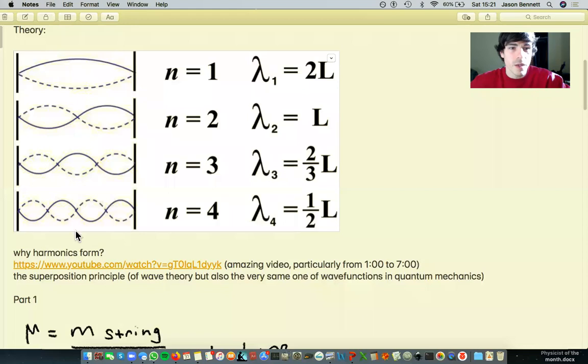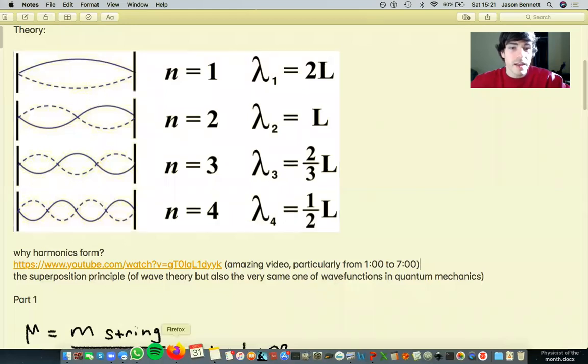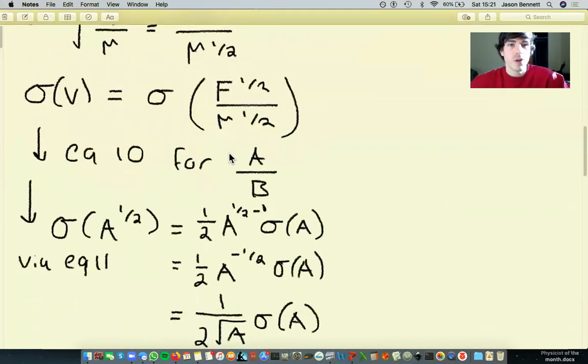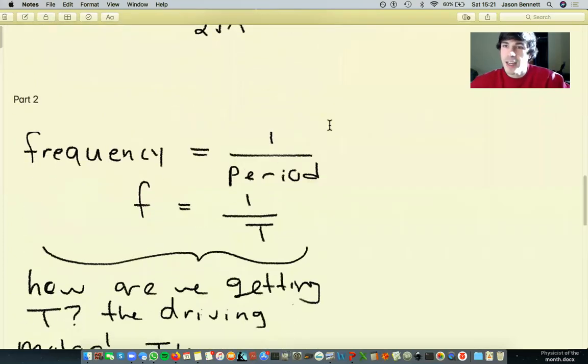And so you're going to be observing some of these, and then finding the frequency at which that happens. We're not going to be measuring how fast that happens on the wave. What we're going to be measuring is how fast the motor is driving the string.